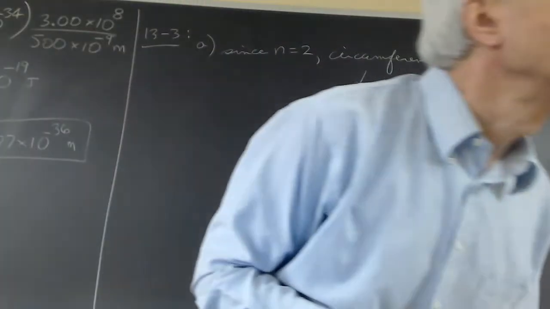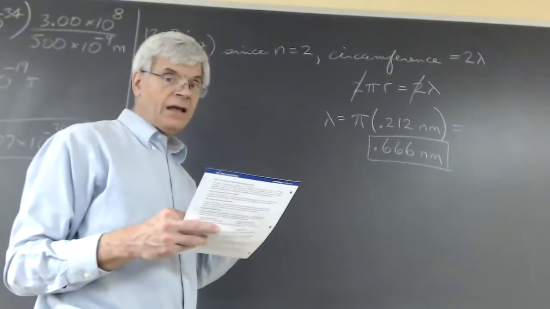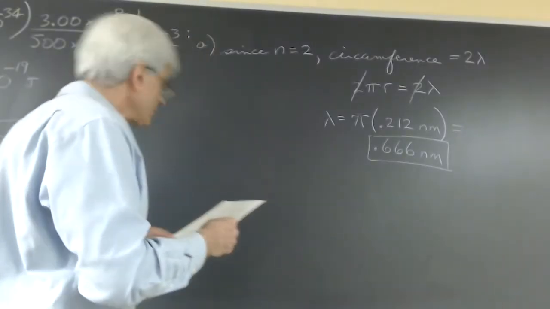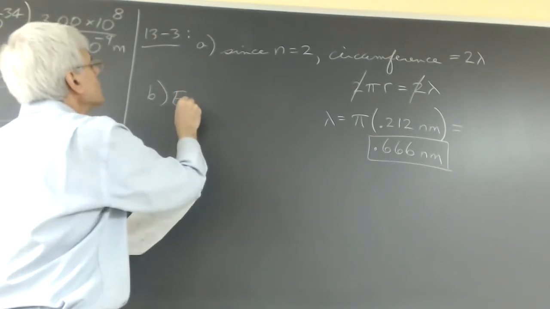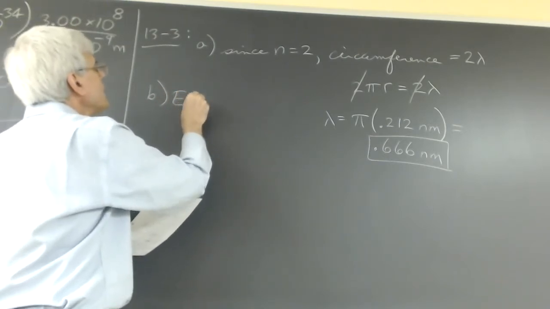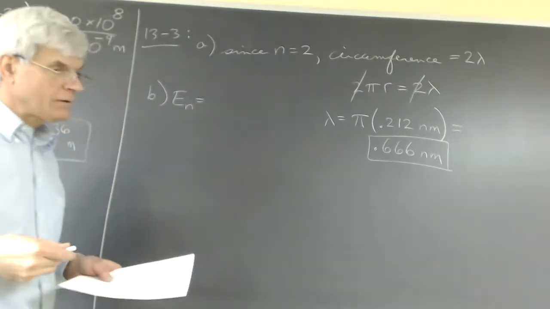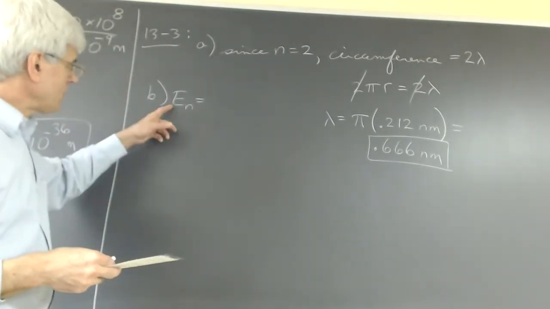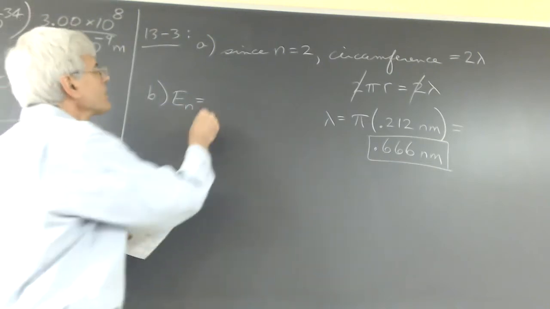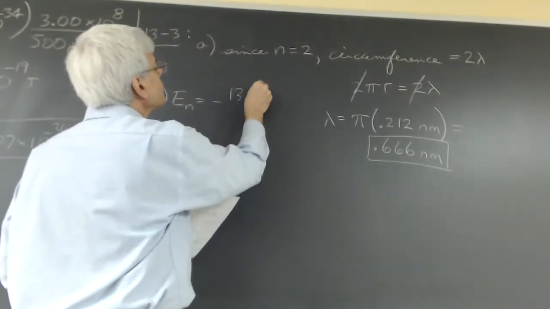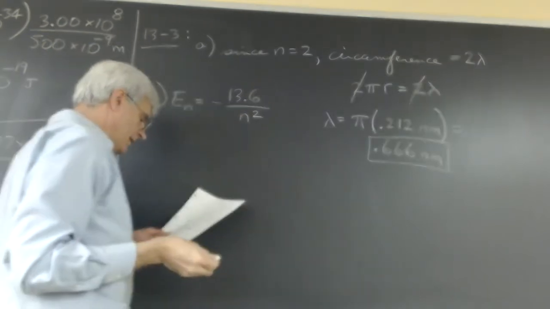Part B, what is the electron's energy when it's in the n equals 2 state? So part B, the energy of the nth energy level. The subscript is not terribly important, but that's what it means: the energy for this particular value of n is minus 13.6, if you measure in electron volts, over n squared.